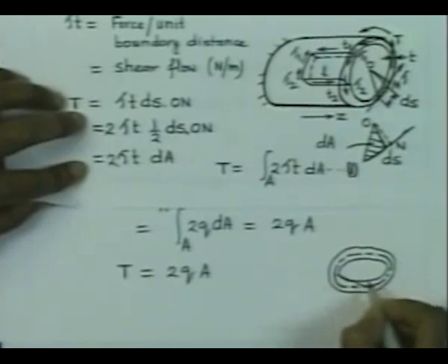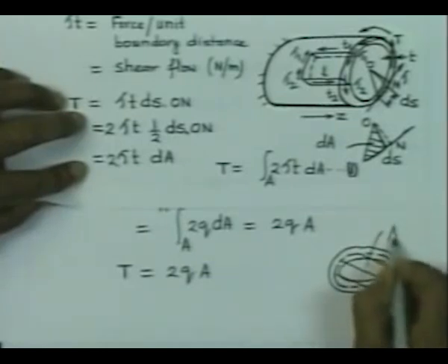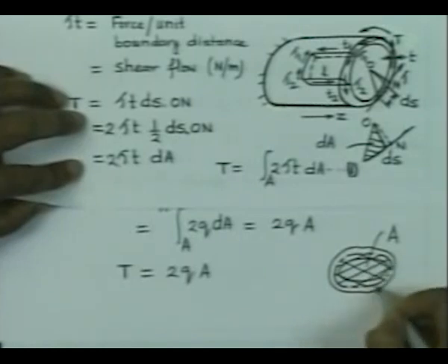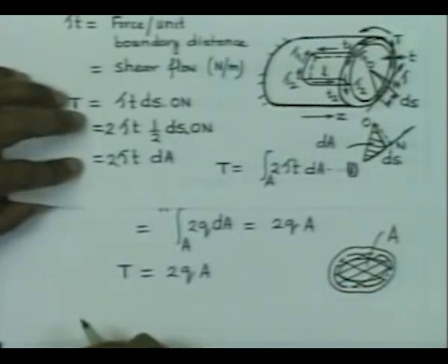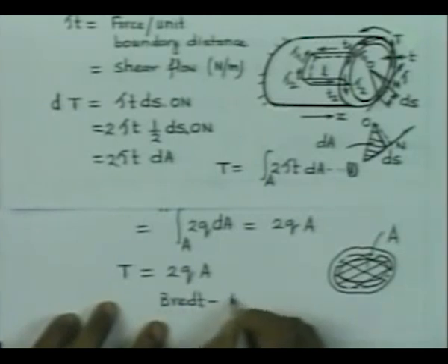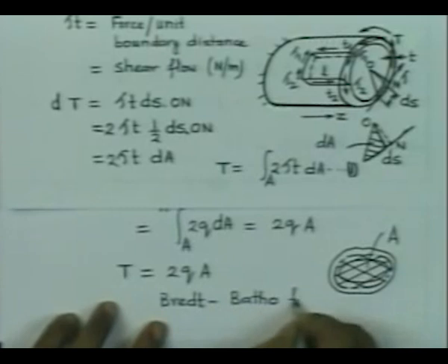So, therefore, this is the area A. This is the area A. This is known as Bredt-Batho formula.